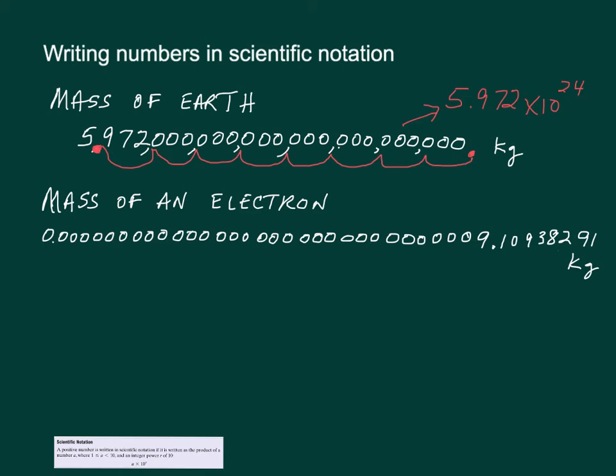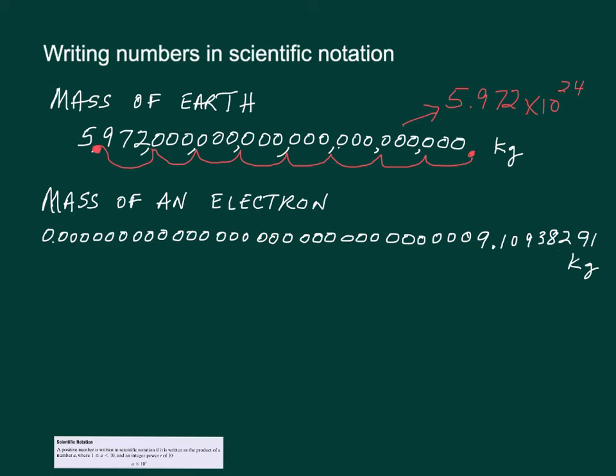Because we moved the decimal 24 places to the left to make that number 5.972, a number between 1 and 10. You'll get a little practice. Just roll with me here.